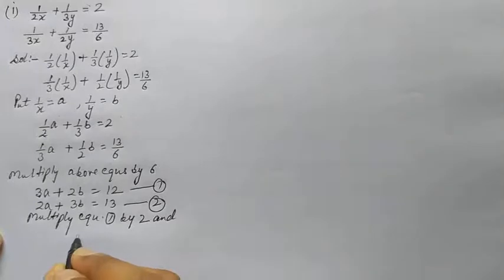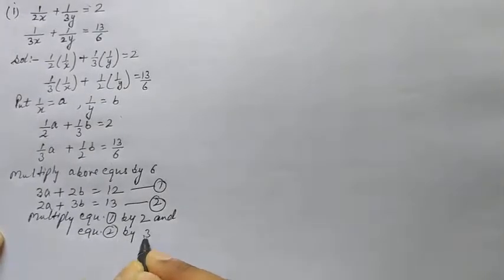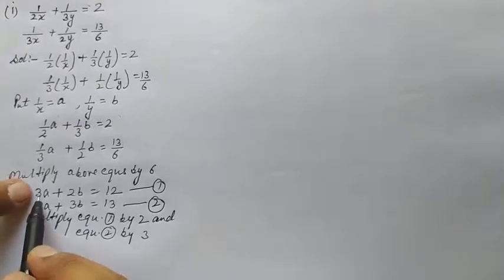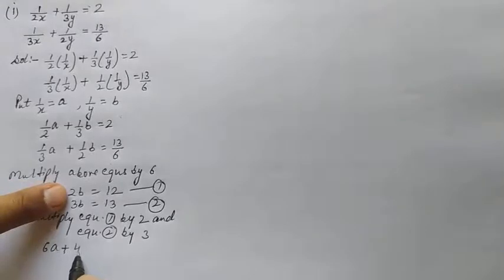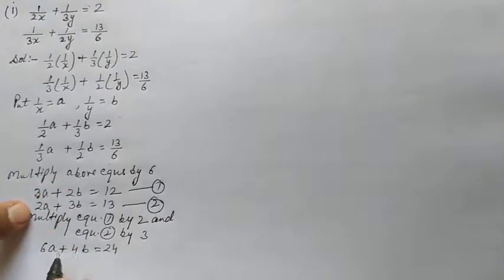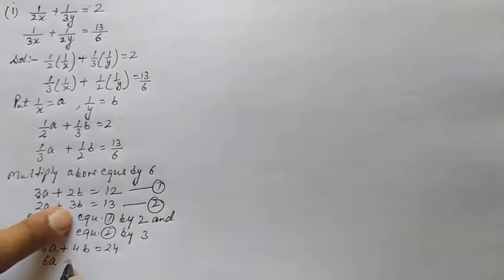Multiplying this by 2, it becomes 6a plus 4b is equal to 24. And the second equation becomes 6a, multiplying by 3, plus 9b is equal to 39.